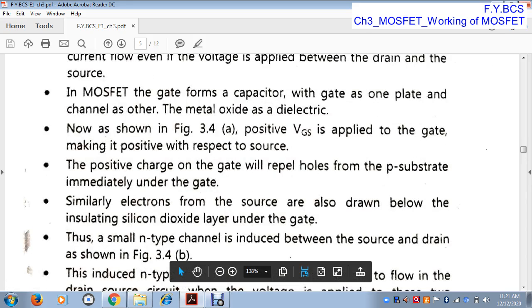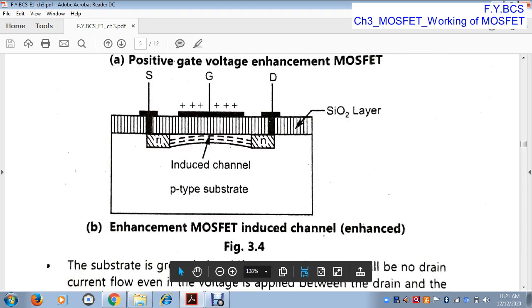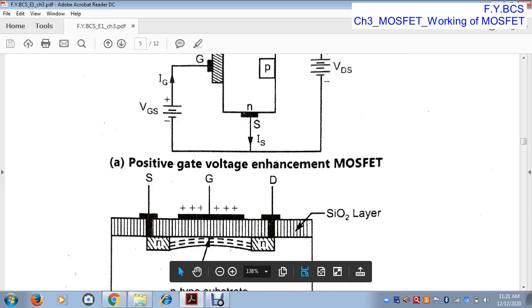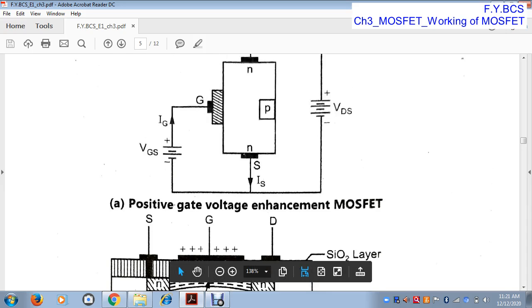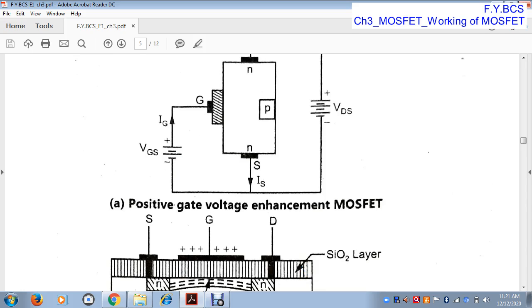Similarly, electrons from the source are also drawn below the insulating silicon dioxide layer under the gate. Once again, we apply a positive voltage to the gate, so the gate terminal is positive and the source terminal is negative. Positive charge accumulates on the gate, which attracts the electrons and repels the holes.